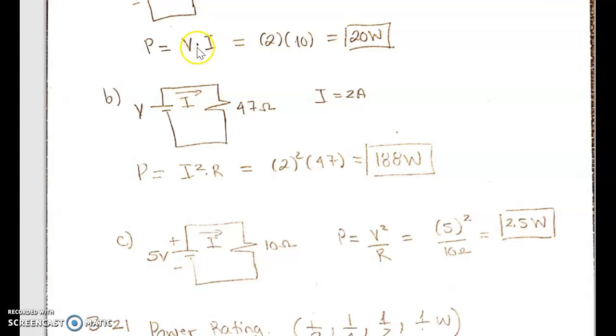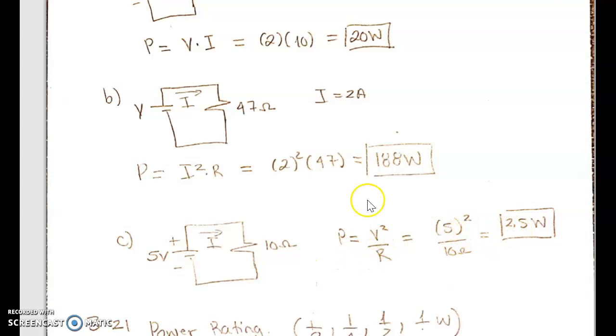So in this case, we don't use V times I, we use I squared times R, and that's going to give us 188 watts. On C, they're giving us the voltage and the resistance. So again, we cannot use P equals VI, we have to use the form of Watt's law where we only need voltage and resistance, and then we solve for the watts.